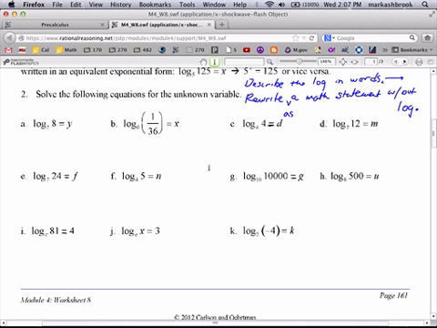Okay, if you got questions, stop me. Yeah, sure. What exponent is it? That's not what we're concerned about right now. We'll do that later. So just focus on this. Just describing those words and then rewriting them.